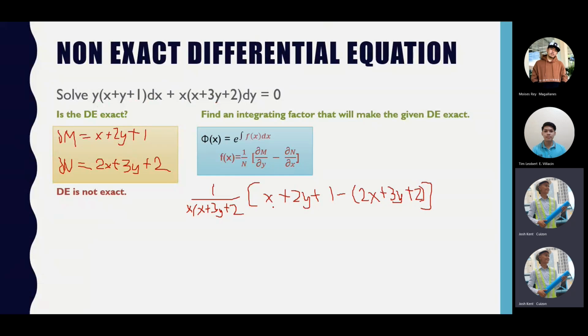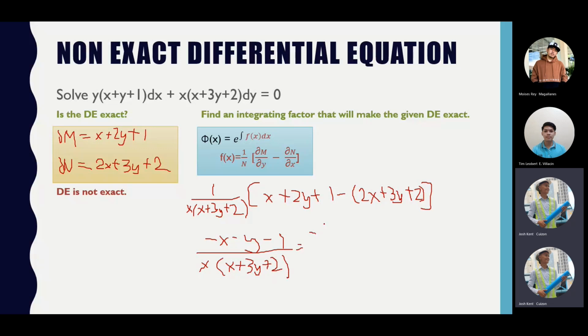So x minus 2x is negative x. 2y minus 3y is minus y. Then positive 1 minus 2 is negative 1. All over x times quantity x plus 3y plus 2.